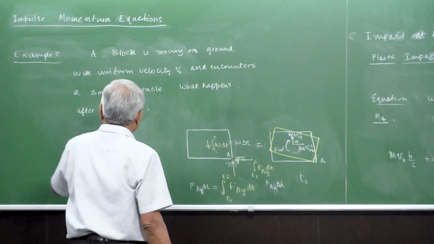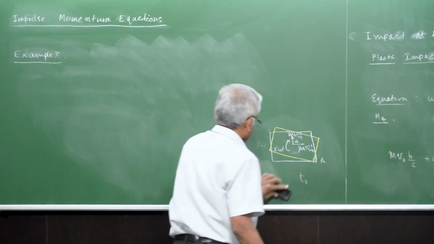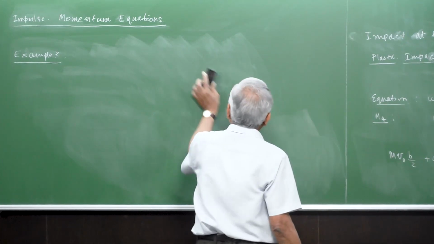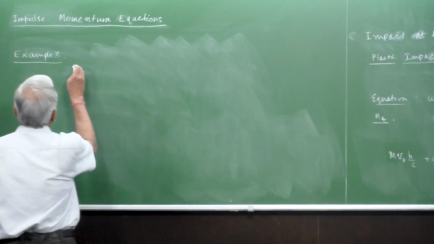But on the other hand, we can simplify this equation by understanding that this is a plastic impact, so we have to put the constraint that the point A is having a plastic impact. What does that mean?